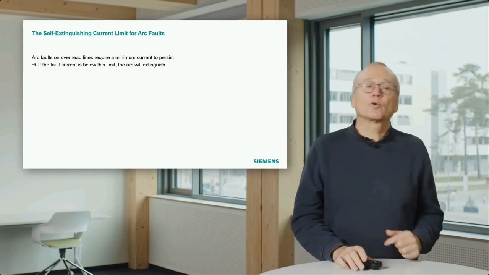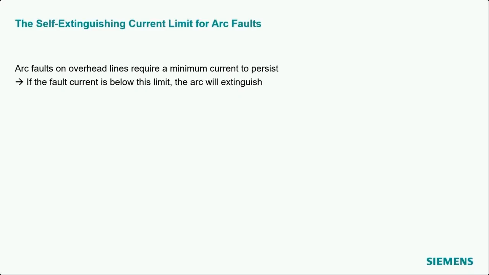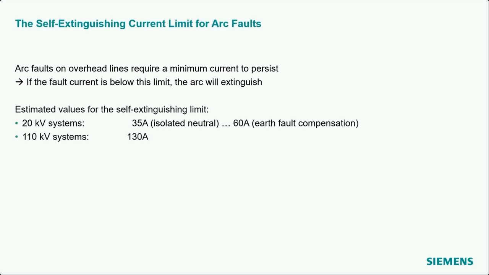And that brings us, of course, to the question, what is this current limit? What is the value for this current limit? And it's not that easy to calculate it. I've here a few values that are not exact values, but just to give an estimation about the range of these self-extinguishing limit.